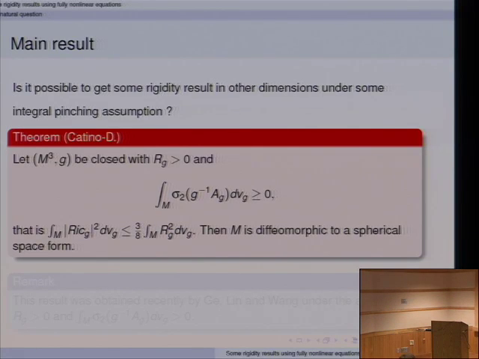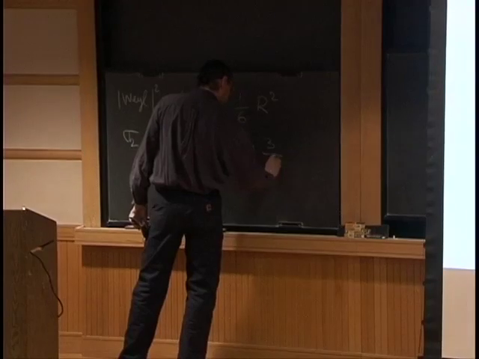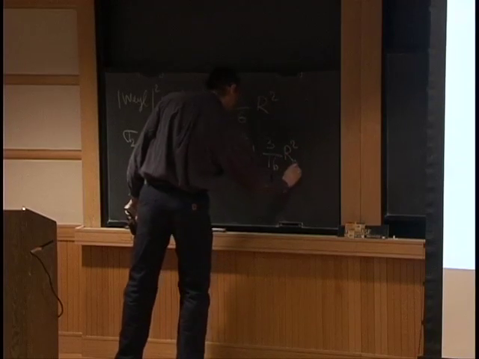sigma 2 in 3D, sigma 2 in 3D is exactly this one, minus 1/2 times the square of Ricci plus 3/16 times the square of the scalar curvature.